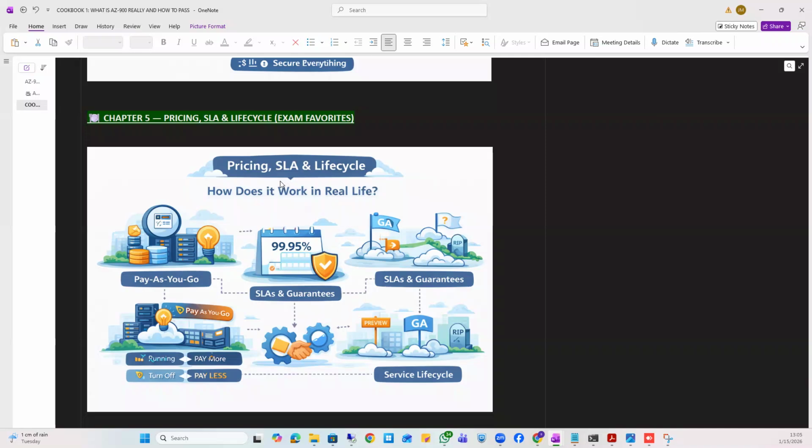But when you go to the cloud, if you switch off your servers, you don't get charged for them. You only get charged when you are using them. That's what pay as you go means.